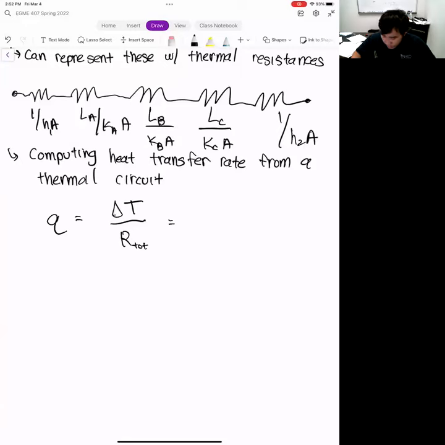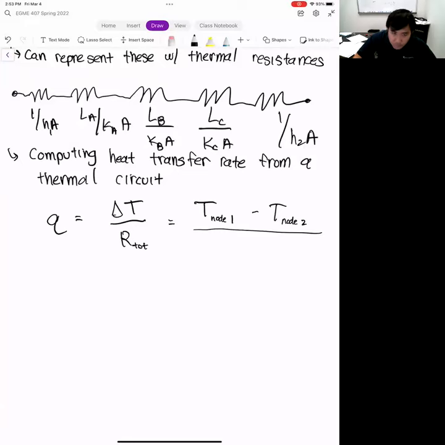Okay. And so I think a better way to write this formula, that's going to be more useful to you when you're doing problems, is instead of delta T on top, you take the temperature at point 1 or node 1 in the circuit, minus the temperature at node 2 in the circuit.